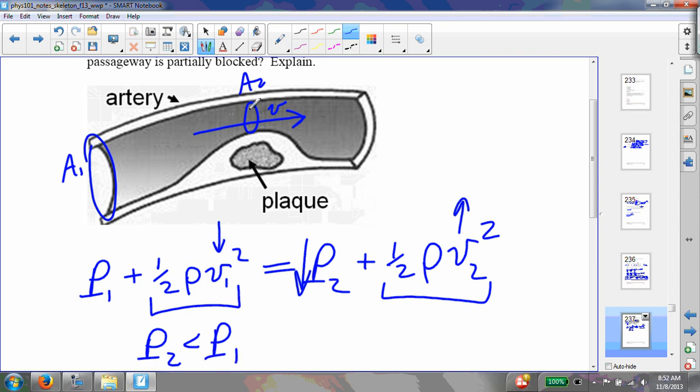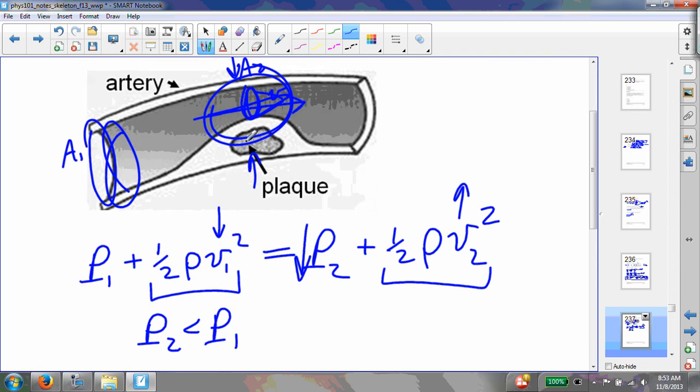So the pressure within this blocked artery right here is actually less than the pressure here. And that's actually a medical condition where you can actually have the artery collapse, that the pressure gets so low, the velocity through here gets so high, and the pressure through this part gets so low that the whole artery just collapses because you have such a low pressure there.